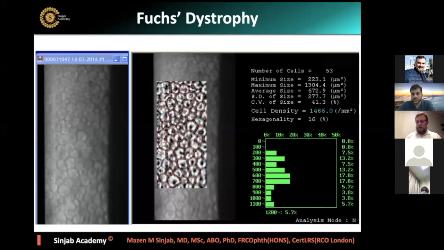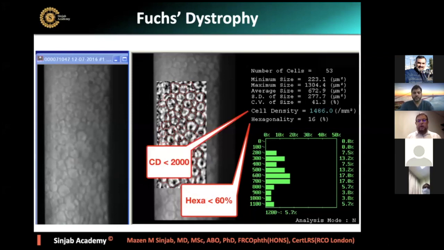This is the specular microscopy. Usually in specular microscopy, we have to look at 3 things: the endothelial cell count, the hexagonality, which should be more than 60%, and the CV index, which should be less than 40. As you see, the hexagonality is less than 60, it is 16 only, and the cell density is very low, and the CV index is borderline.